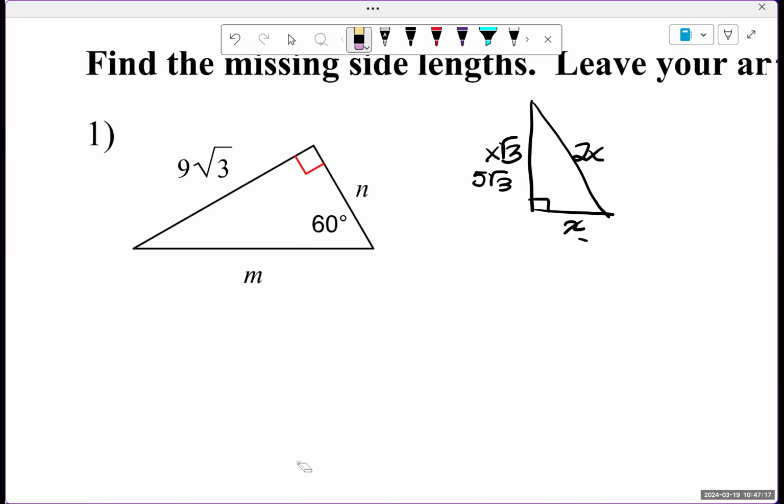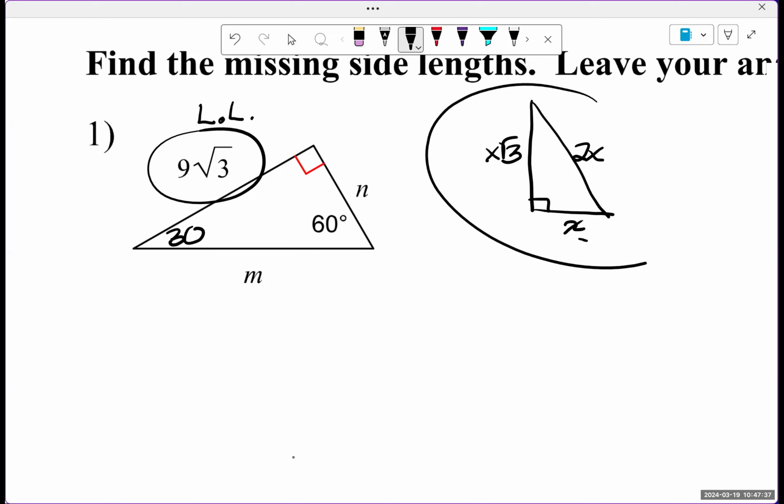Okay. So this is 60, this is 90, this is 30. First of all, what do I call that one? Short leg, long leg, or hypotenuse? Long leg. Okay. And which one of these is the long leg? Okay. So right there, right?